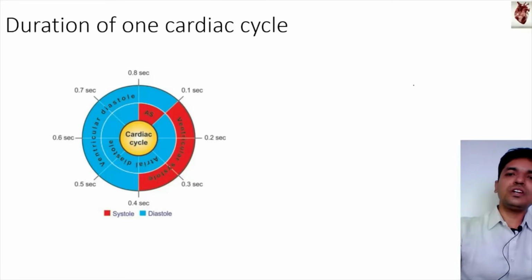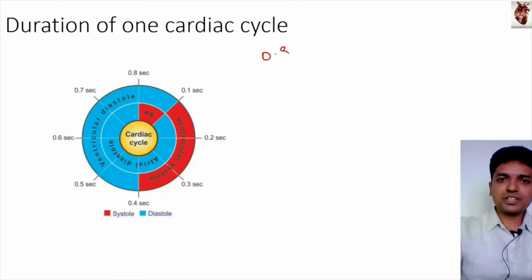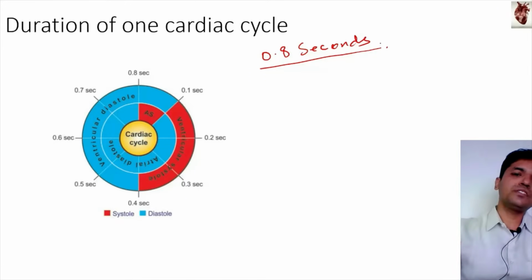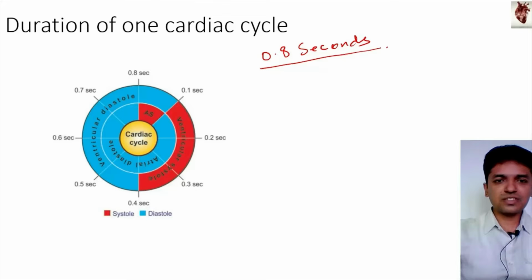So the total duration of the cardiac cycle is 0.8 seconds. A very important point to remember. The total duration of the cardiac cycle is 0.8 seconds. Out of these 0.8 seconds, as you are seeing in the diagram, this is the atrial event.